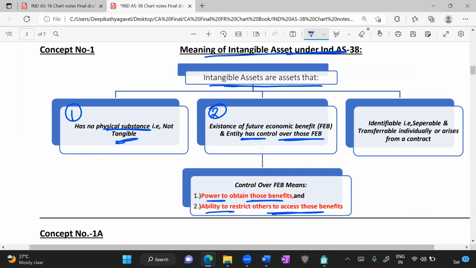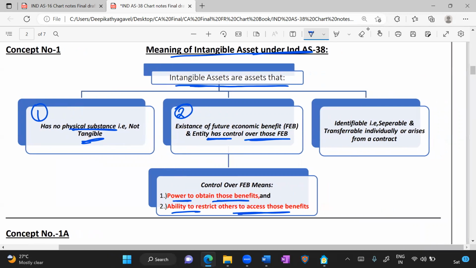So only when you have the power to take advantage of that asset and the power to restrict others from taking advantage, we'll say that you have control over the future economic benefit of that particular intangible asset, right?